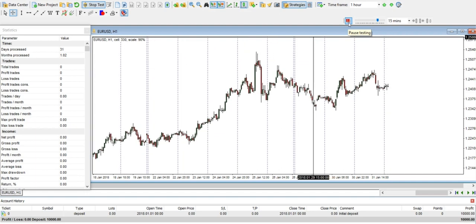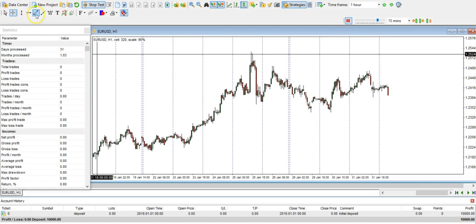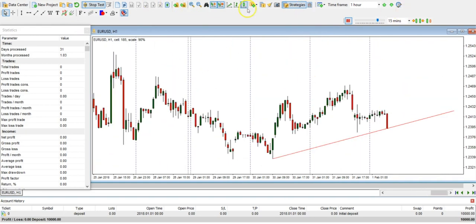Now we're printing for 1st of February, and this is 8 AM and we're just going to draw our lines. We're just going to zoom in so we actually see it. I'm going to draw our buy and sell lines. We're going to slow it way down. We're going to go to the 5 minutes and we're going to hit play.